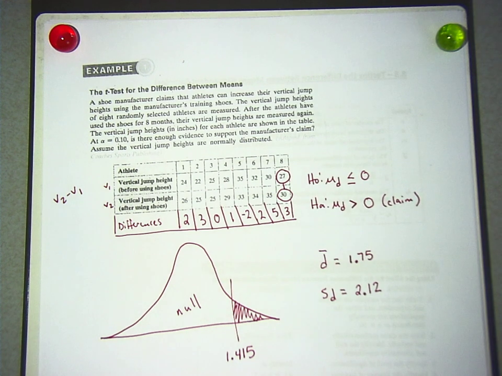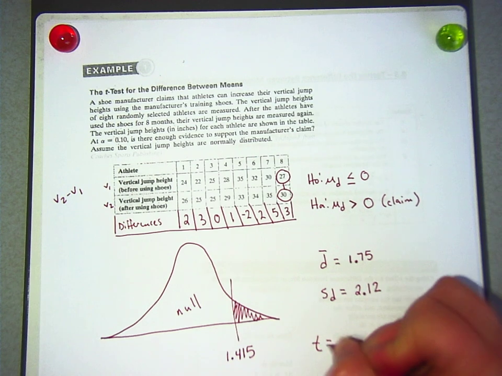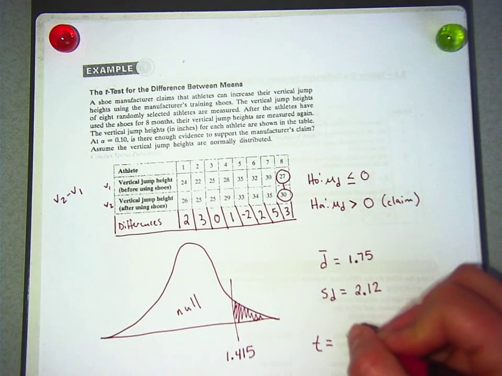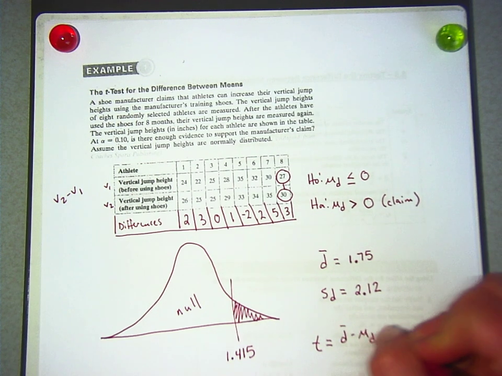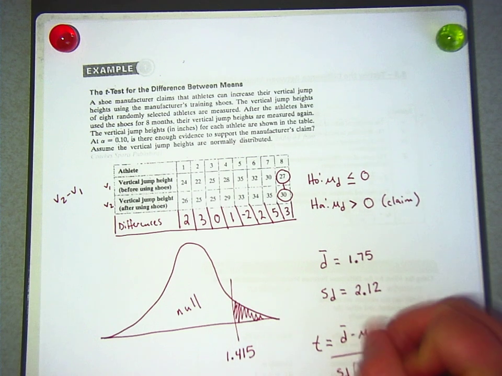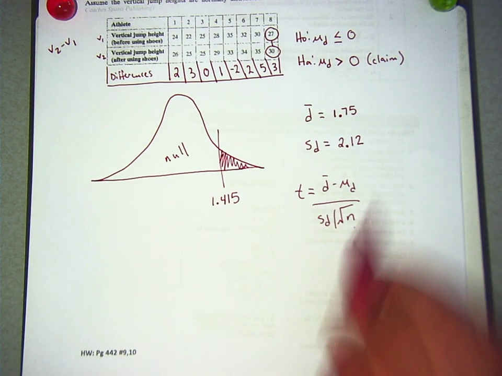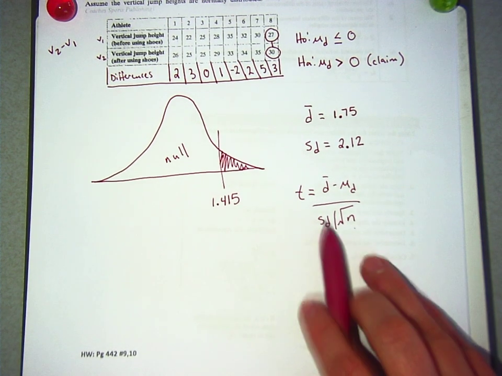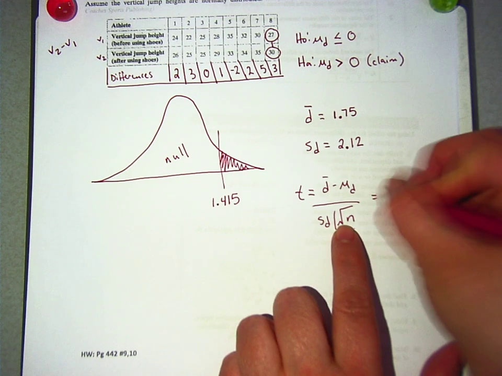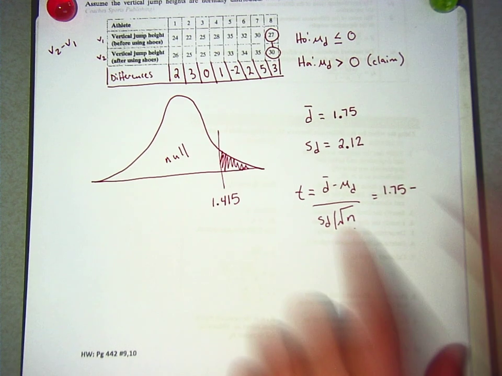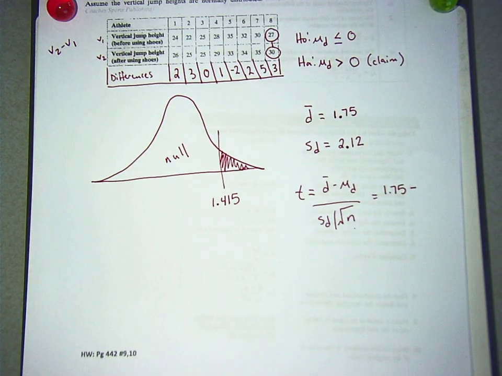Everybody understand where I got these numbers? Okay, now the score here is d bar minus mu sub d over s sub d divided by the square root of n, because just like all formulas, it's x minus mu over sigma always. So d bar is 1.75 minus 0.